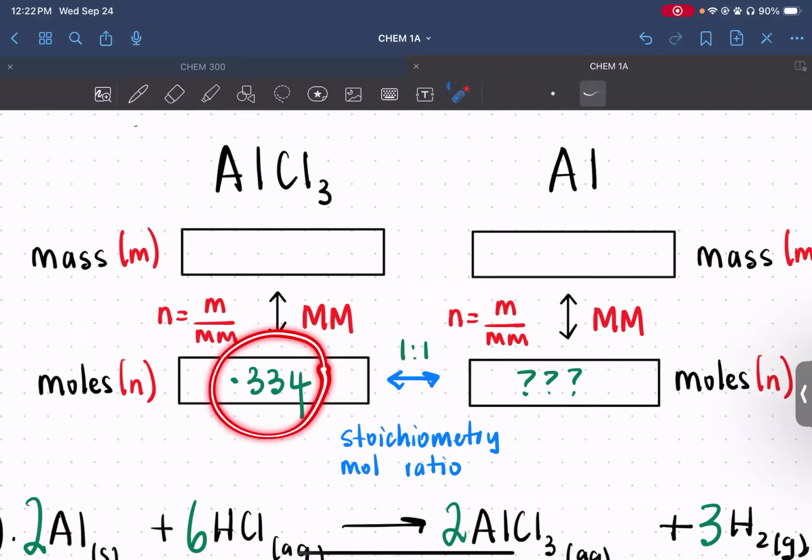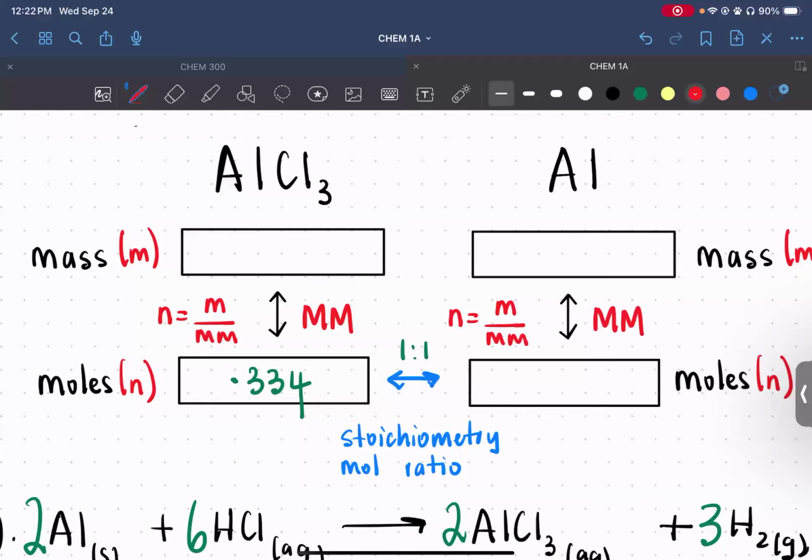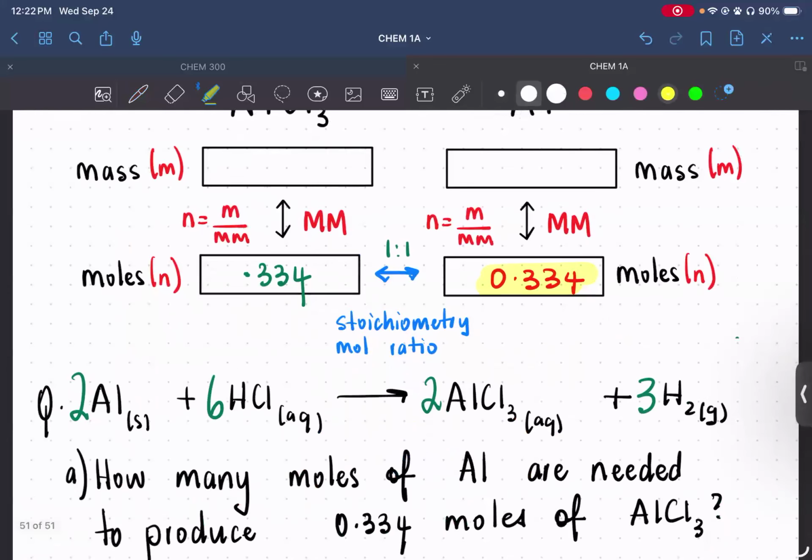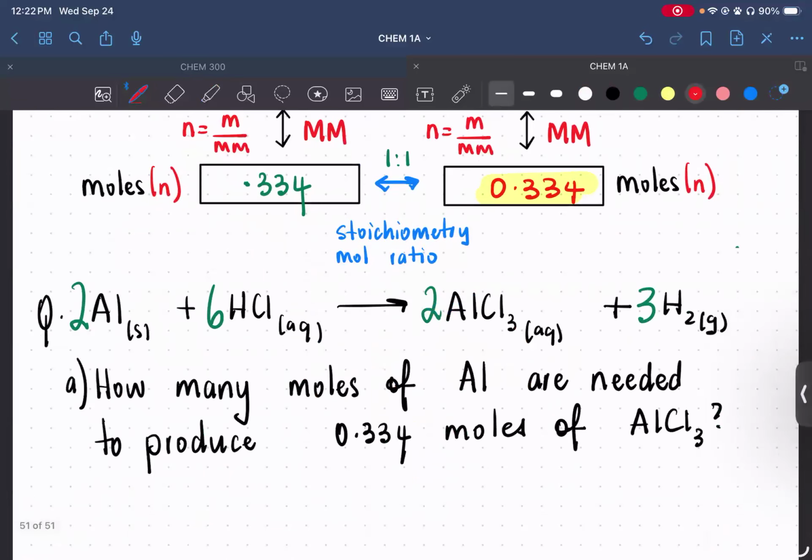We need 0.334 moles of aluminum chloride based on the 1 to 1 ratio. We know that we'll be using 0.334 moles of aluminum. And that right there is our final answer. 0.334 moles.